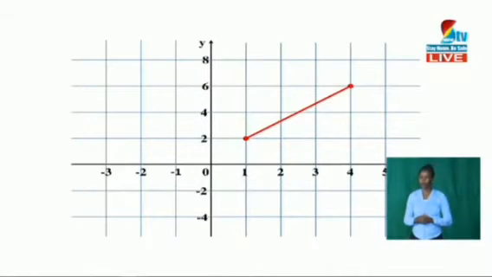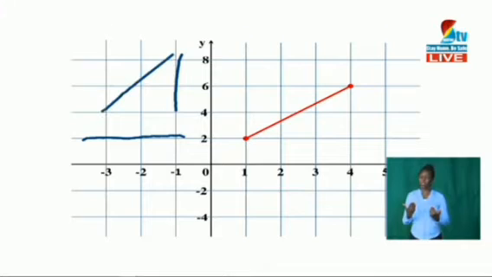I'm sure now, students, you are struggling to find the length of this line segment. Why? This line segment is no longer horizontal nor vertical. This line is slanting. How do we find the length of a slanting line?